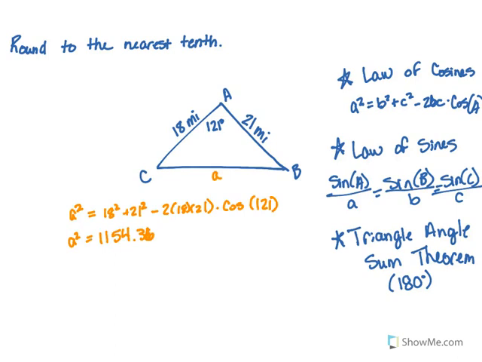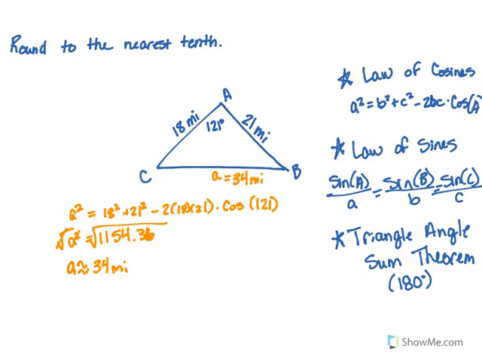Doesn't really matter because you're going to press that second answer button, right? When you do second square root, second answer, because we have to do the square root of both sides, right? Because those are the opposite. That means a is approximately 34 if you round to the nearest tenth. That's actually not degrees. Sorry, that's miles. So label this as 34 miles.